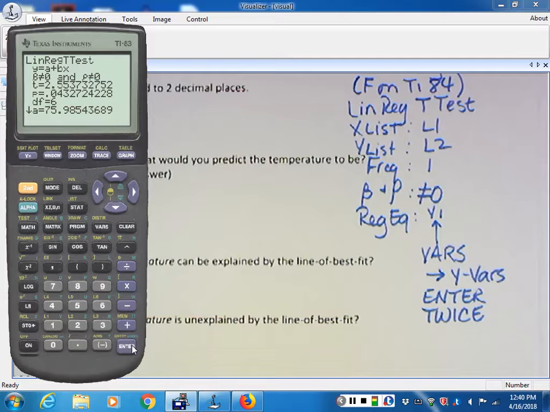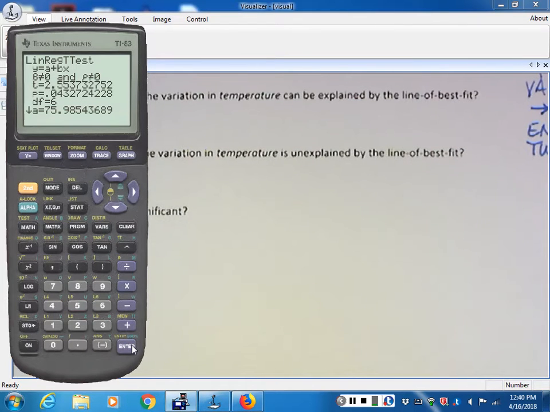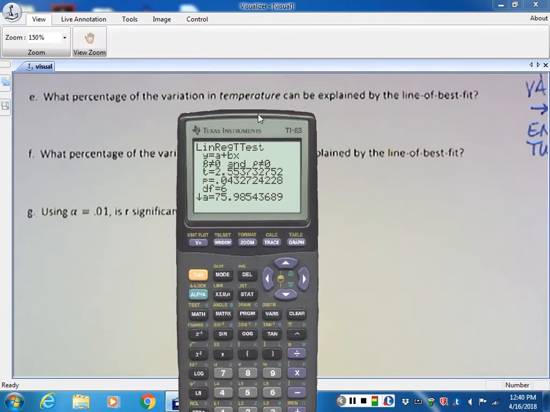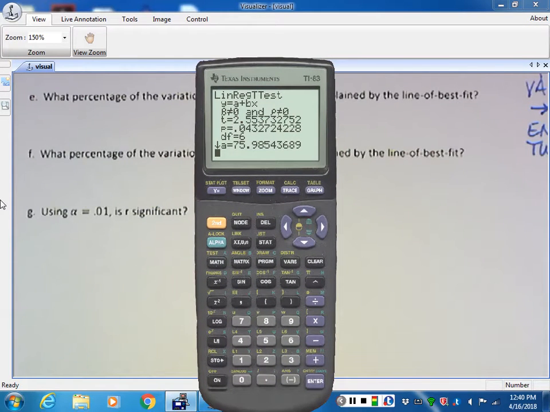What it's giving us is a t-value because it's a t-test. But it's also giving us a p-value. Now I'm going all the way to the bottom on this because we're not even going to answer the other questions until we answer this last one.